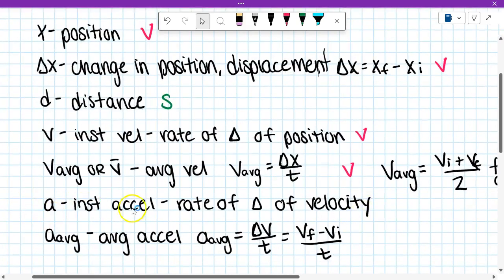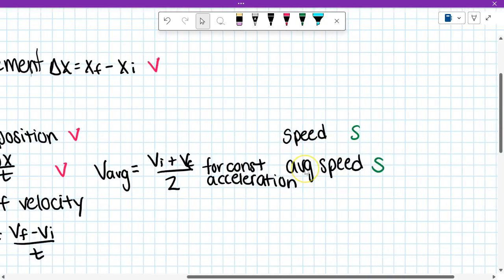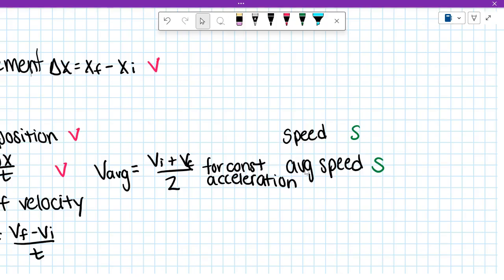Then we have A, which is our instantaneous acceleration, the rate of change of velocity. And then A average is our average acceleration, which is going to be the change in velocity over time, V final minus V initial. We also have speed and average speed. Speed is defined as the rate of change of distance. And we can find average speed by doing the change in distance over the change in time.